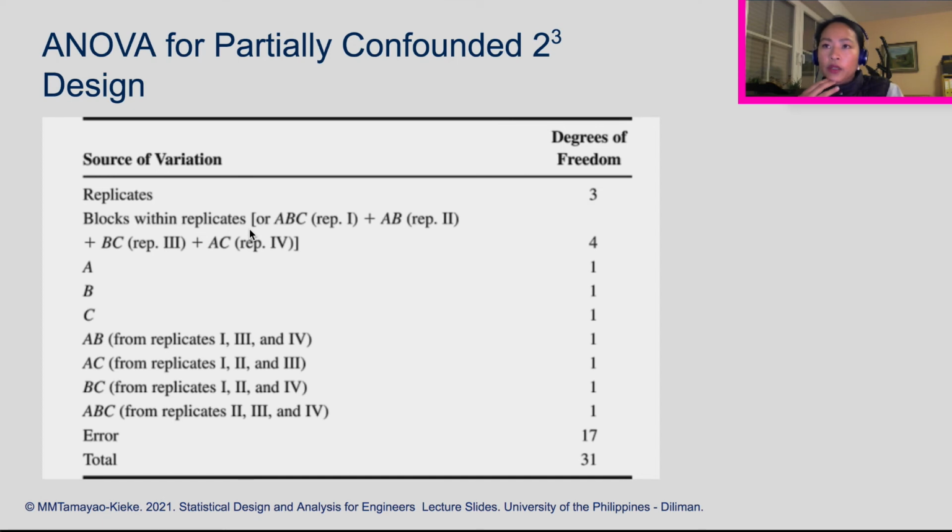The error sum of squares actually contains the replicates times the main effects sum of squares, plus the replicates times the interaction sum of squares of each replicate in which the interaction is not confounded. Since we have 8 blocks, we have 7 degrees of freedom. 3 of which correspond to the replicates, and 4 correspond to the blocks within the replicates.